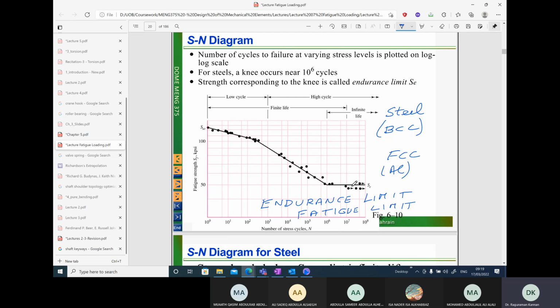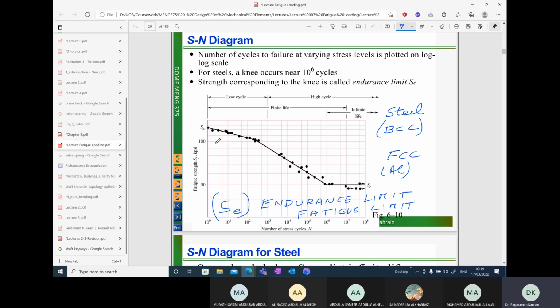Now, just like yield strength, in the same way, for fatigue we have to use the property called the endurance limit or fatigue limit, and it is represented by the symbol SE. For yield strength, we write SY. For endurance limit, we write SE. So this is the property for fatigue applications.